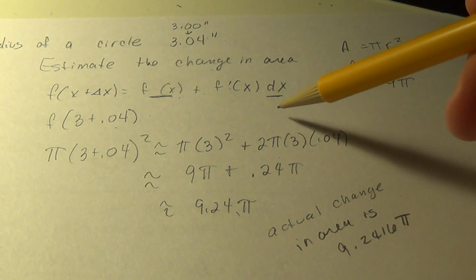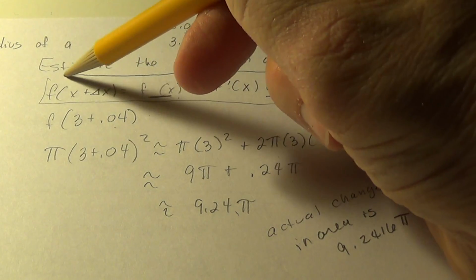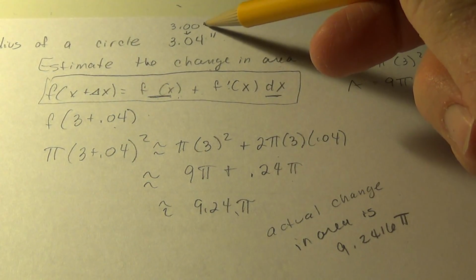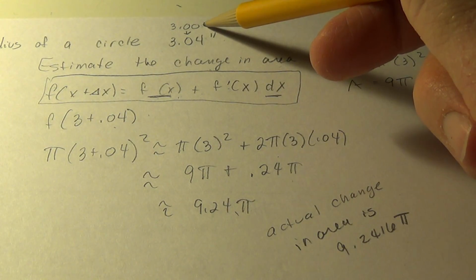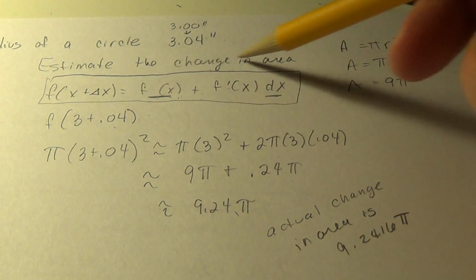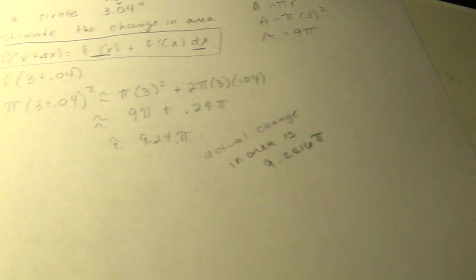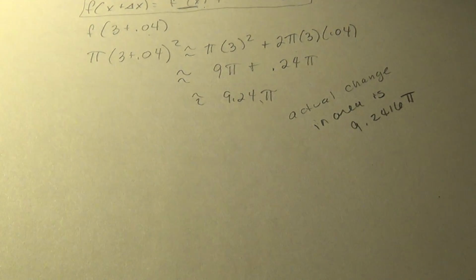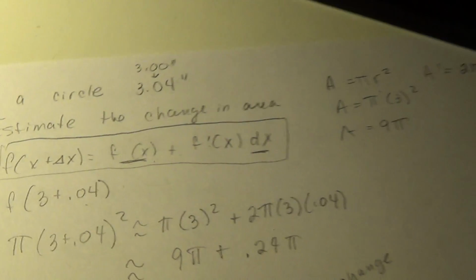All right, so again, this works very well when you're very close to a function that we can do quickly, but when we add a little bit, this is a good approximation. So I want you to see how to use that. The other kind of differential problem involves this formula. So we'll keep that one on tabs for certain problems.